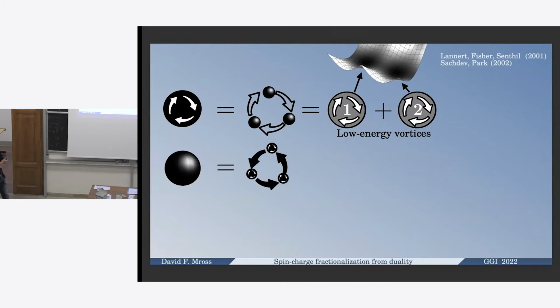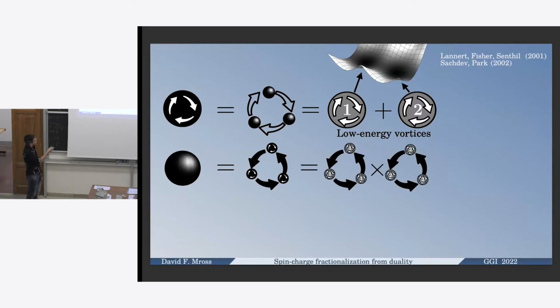Okay, so now knowing that, I can go back to my boson. As I said, the boson is a vortex within the vortex, so it's like a vortex of vortices. But now if I want to put a vortex into a vortex, well, since it's a sum, I better put one vortex into both low energy vortices. That's certainly what I would need to do in order to have a vortex in this capital guy. So I can maybe draw it like this. And now the sum of vortices here has turned into a product over here.